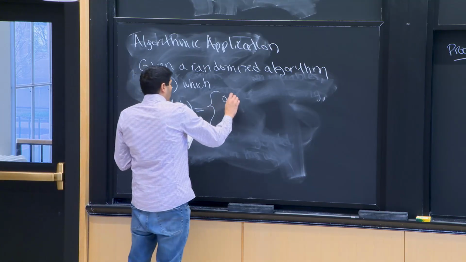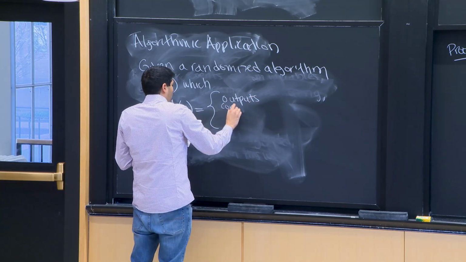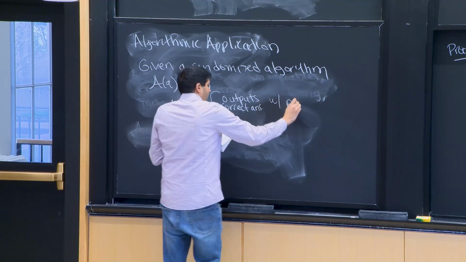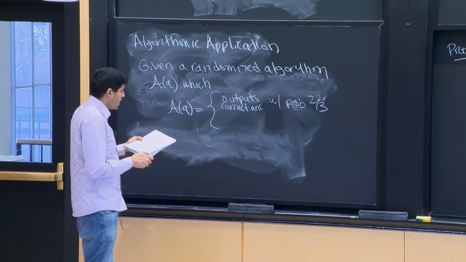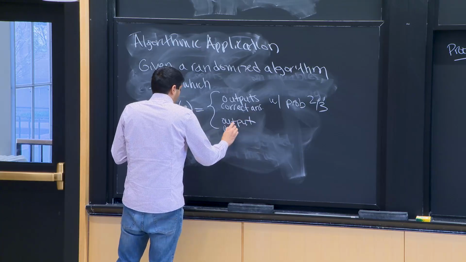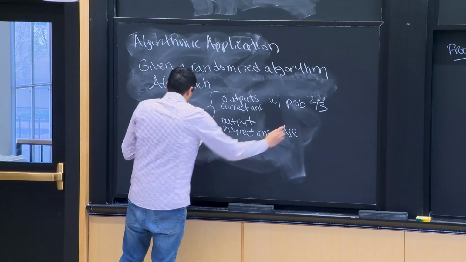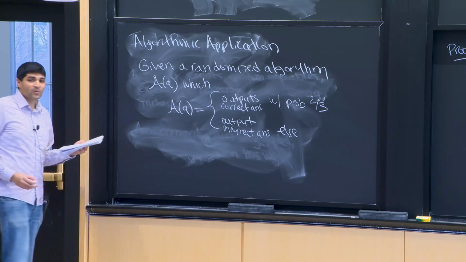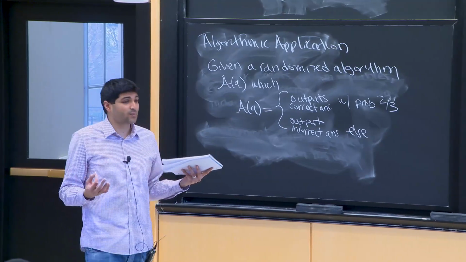And let's assume that it gets the answer right more often than it gets it wrong. So let's say it outputs the correct answer with some probability, let's just say 2/3. And otherwise, it's going to output the incorrect answer. And the basic question we can ask is how many times we have to repeat this algorithm in order to boost its success probability.